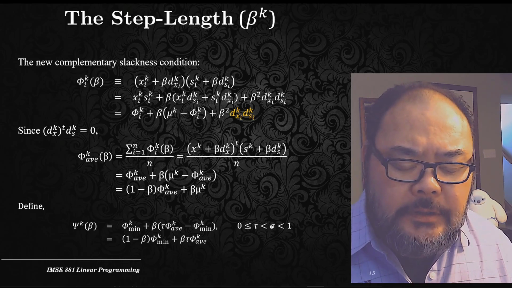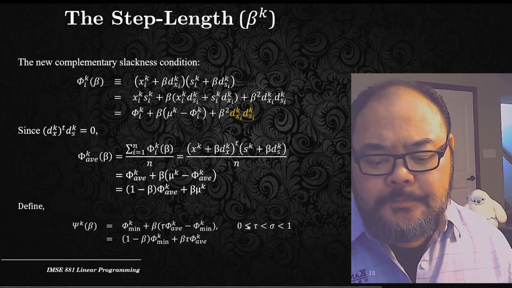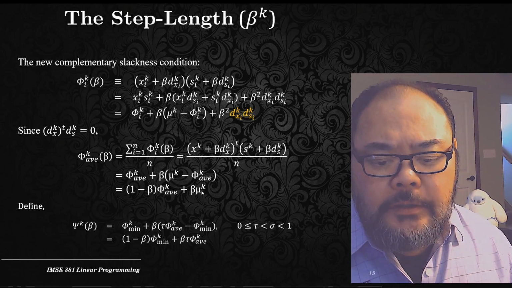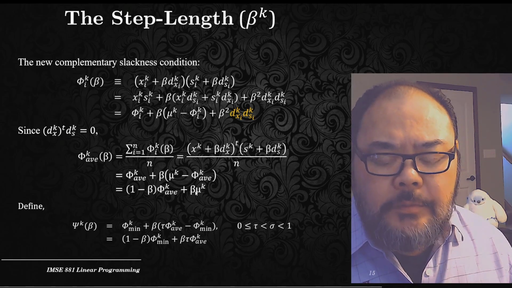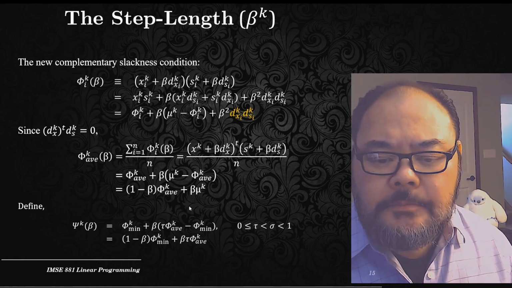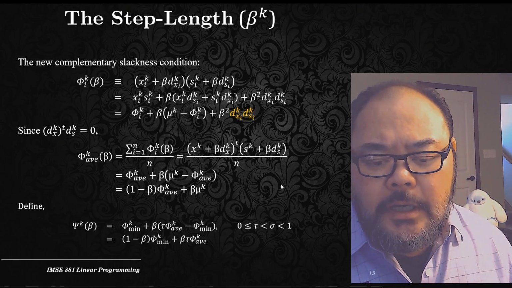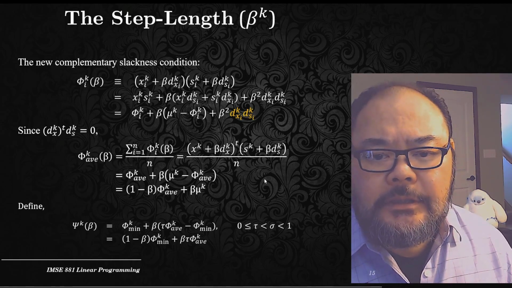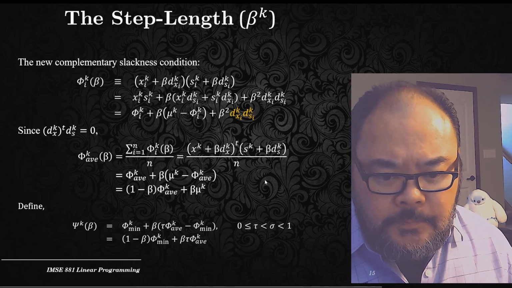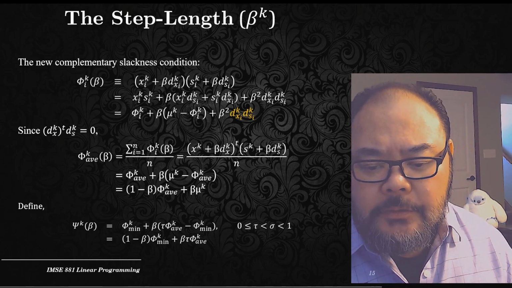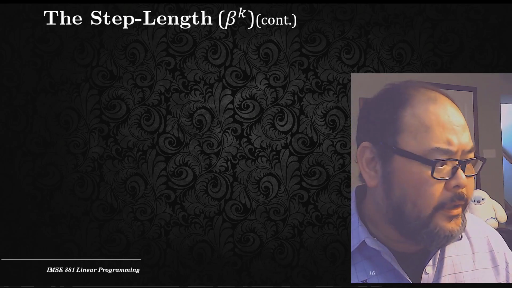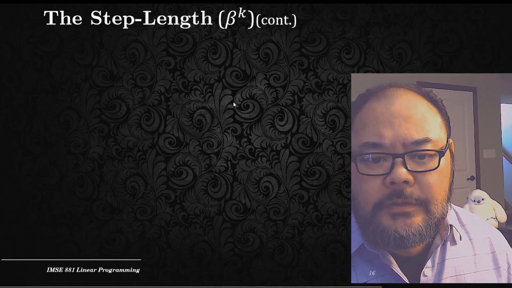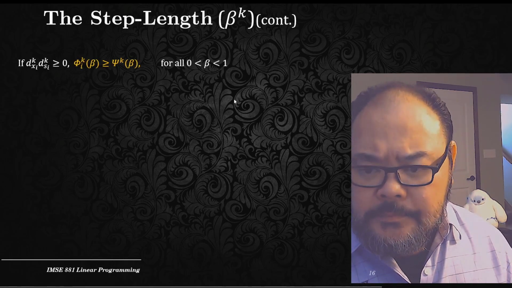And tau is between sigma and 0. Once again, sigma is used to define mu k equals sigma times the average duality gap. This looks a little bit complicated, but the development of this actually guarantees the global convergence of the primal-dual affine scaling method. We'll show you later that we can implement this much more easily, but this is the theoretical development. Let's look at that next.